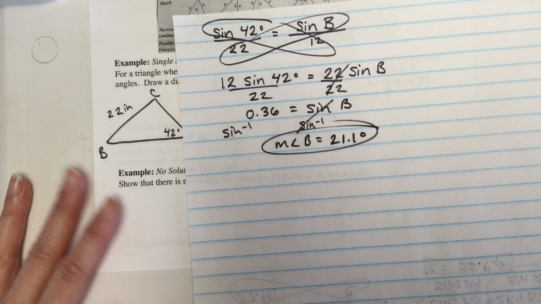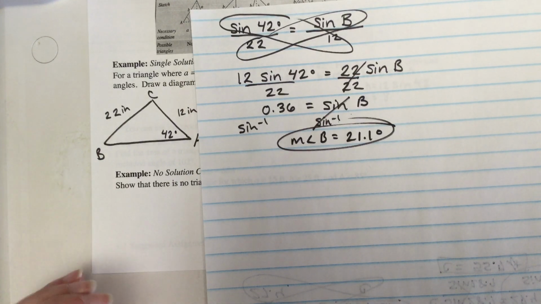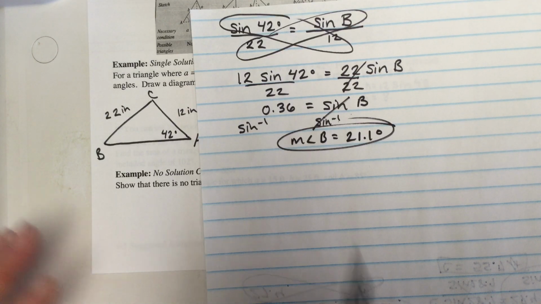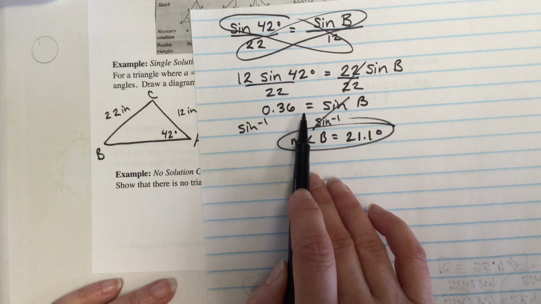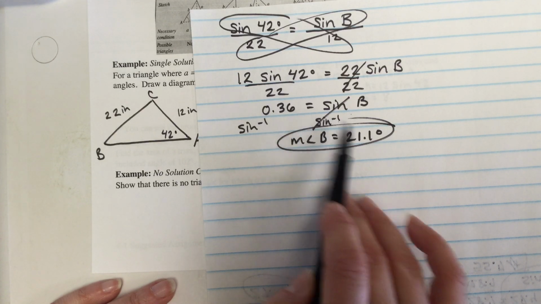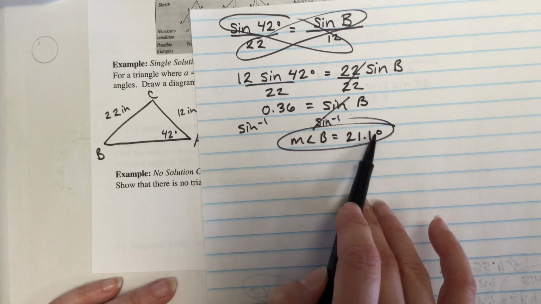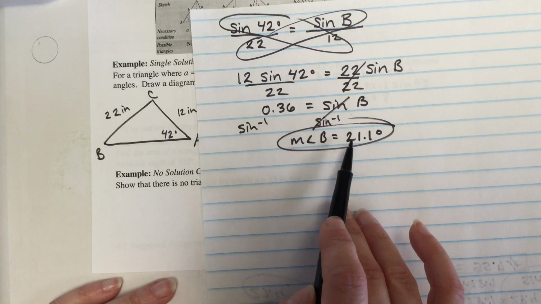And again, depending on how you are rounding, you can get a variation of answers, but it needs to be close, okay? So let's say you rounded this to the 10,000ths instead of the 100th, or maybe you rounded it to the tenth, or maybe you rounded it to the thousandths. You might get like 21.2, or 21.3, or 21.4. But either way, it's going to be around 21.